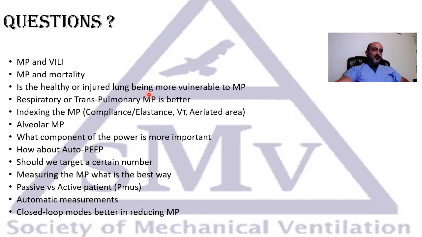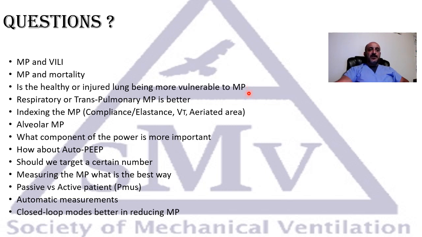Now, another question which is not much talked about in the literature, and I saw conflicting results as usual, is whether the healthy lung or the already injured lung is more vulnerable to lung injury from high mechanical power. There's some concept that the healthy lung is more vulnerable.